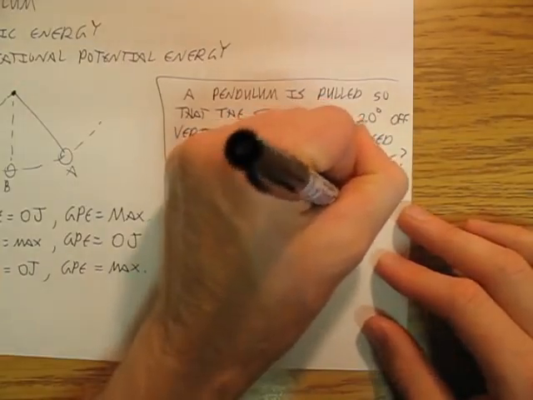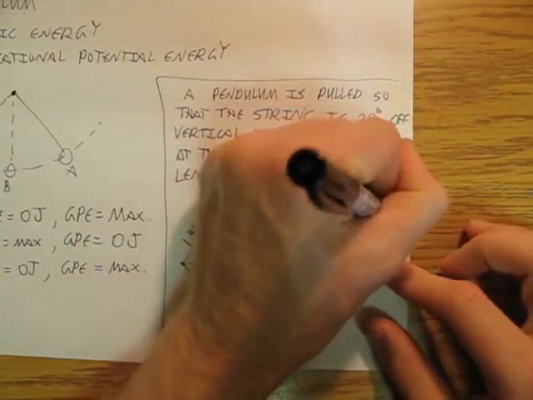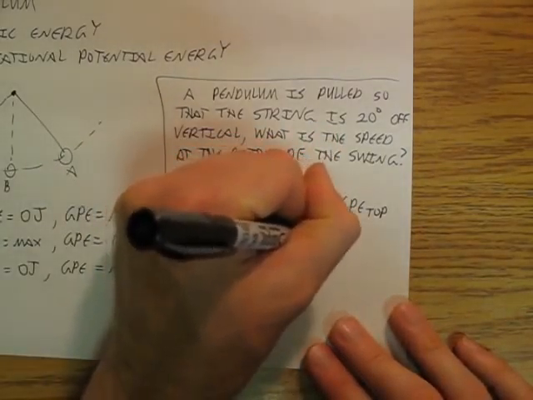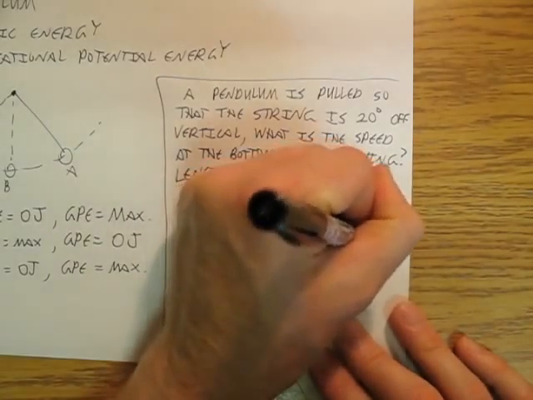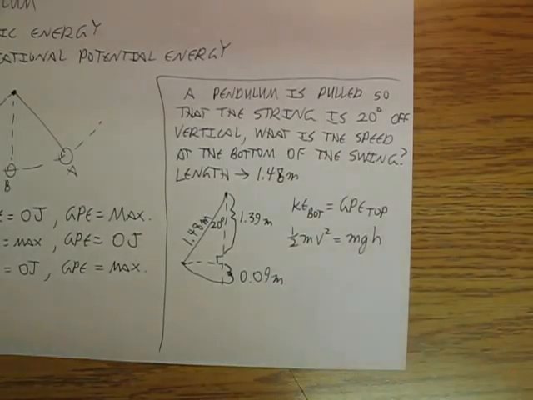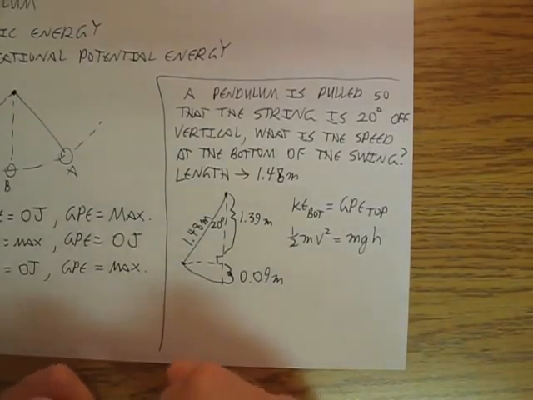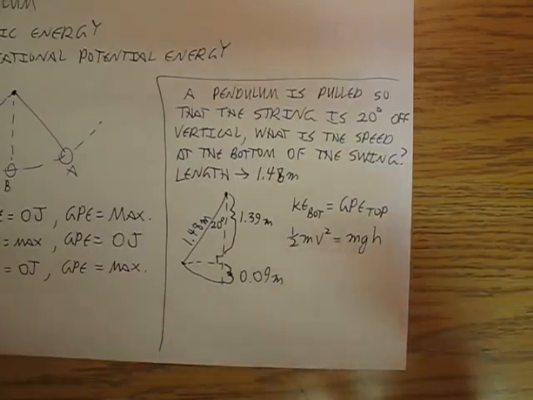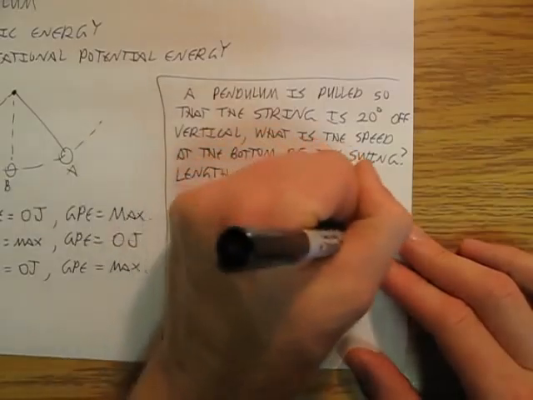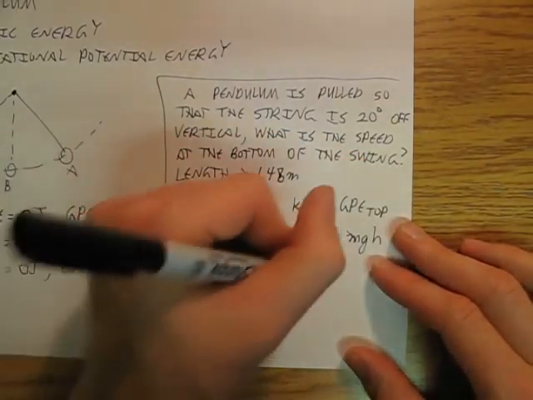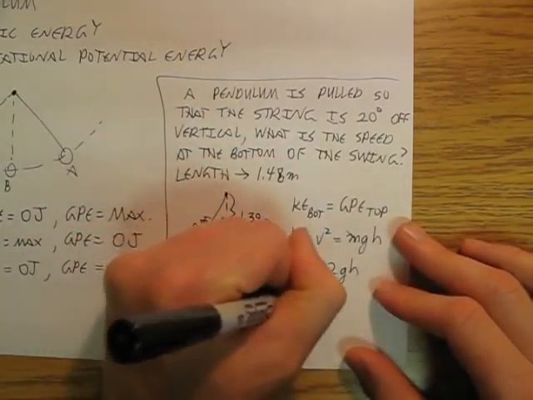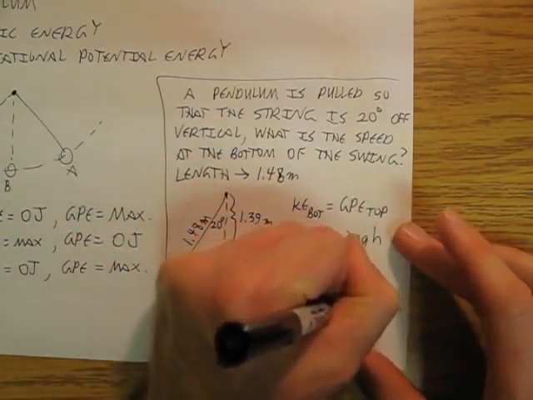And so that's the height that I plug in if I say my kinetic energy at the bottom is equal to my gravitational potential energy at the top. And so I say 1/2 mv squared is equal to mgh. And some people might have said at some point, hey, what about the mass? I need to know the mass of whatever was on the pendulum. But I don't, because my masses cancel out. And so I get v squared equals 2gh. V equals the square root of 2gh.